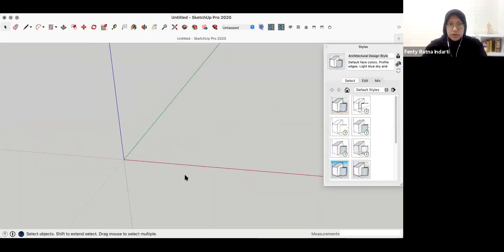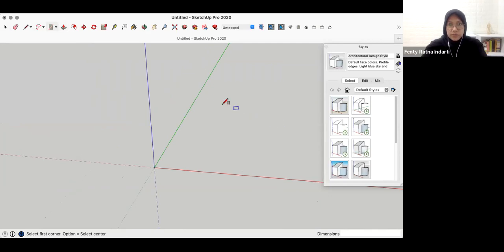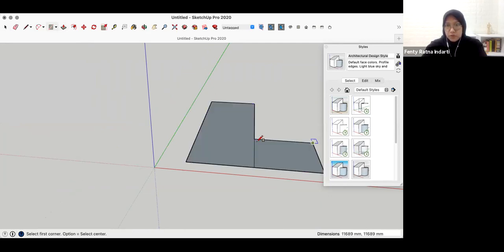So it doesn't have to be very detailed. I'll show you here. For example, you draw the plan like this. I will draw it quickly.